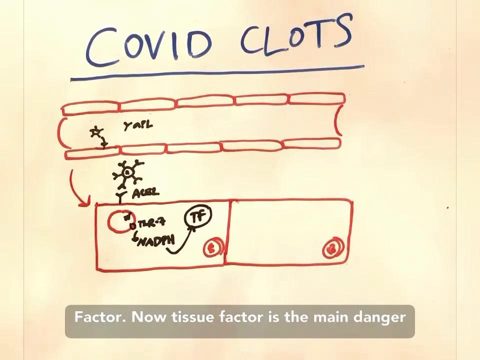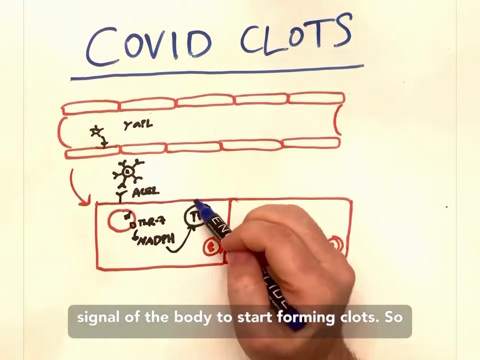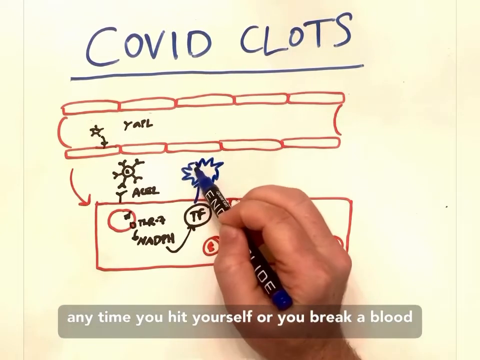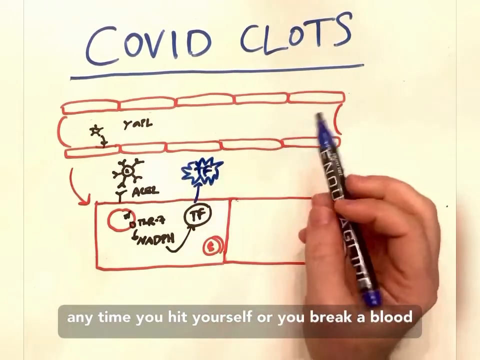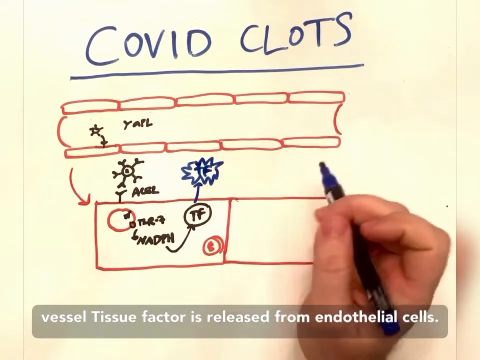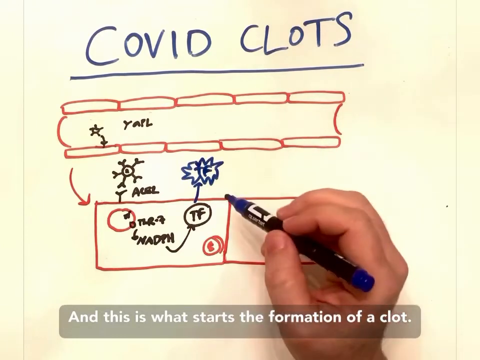Now, tissue factor is the main danger signal of the body to start forming clots. So anytime you hit yourself or you break a blood vessel, tissue factor is released from endothelial cells, and this is what starts the formation of a clot.